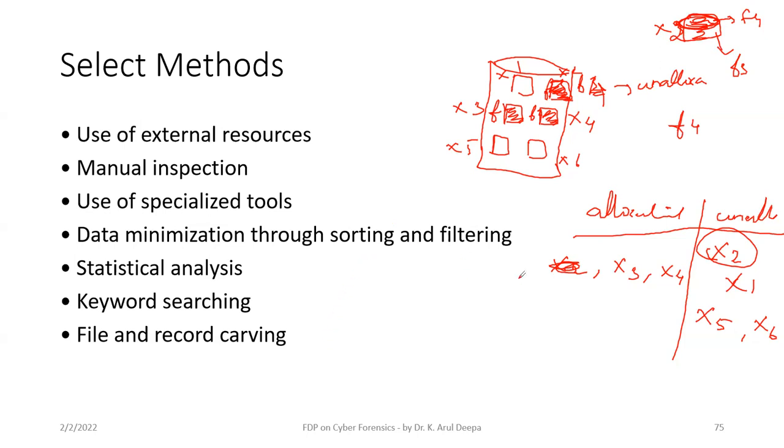Now I try to retrieve the data, but I'm unable to, because a portion of the data has been lost. F4 has been written there. So from the available data, if I try to cook up the original data, that is called carving. During data analysis, one can also go for carving. Is it clear?